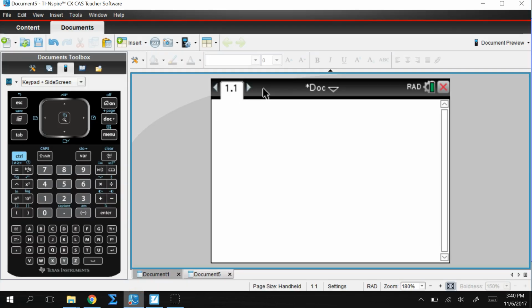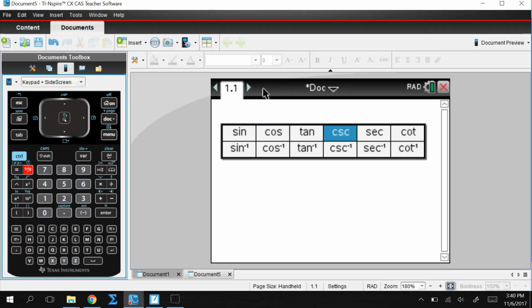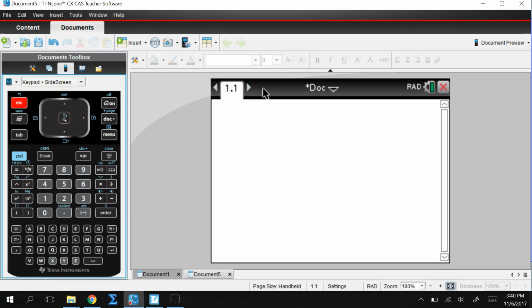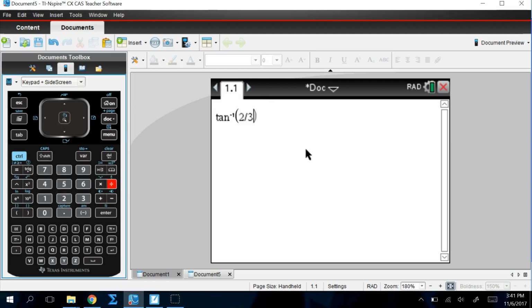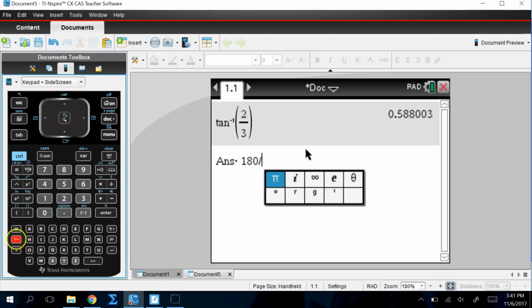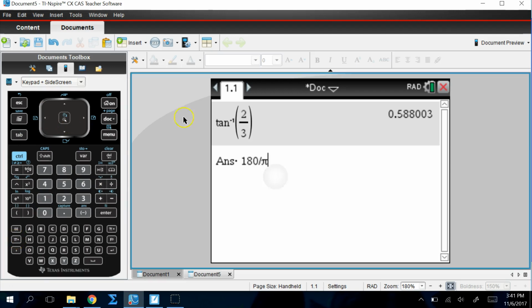If I go to my calculator, first I get rid of all this craziness, the inverse tangent of 2/3 is going to give me that, but that's in radians. If I want to make that be degrees, I convert it.